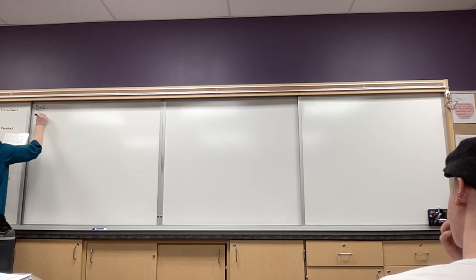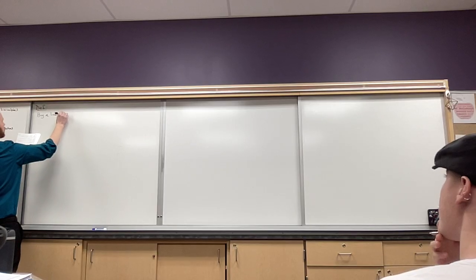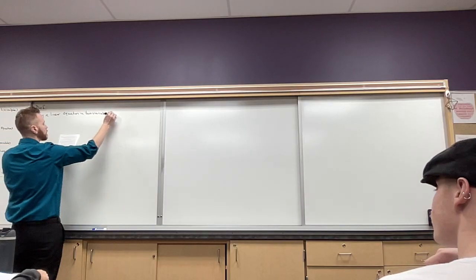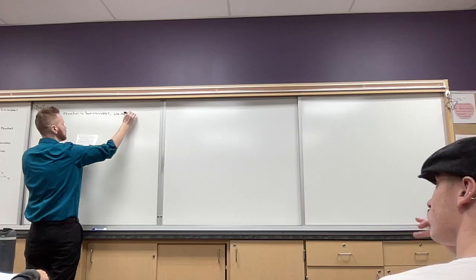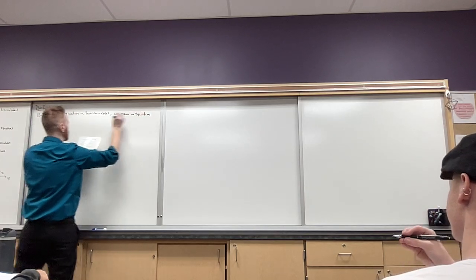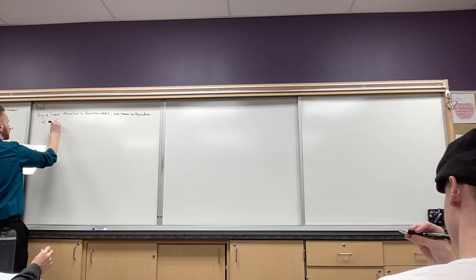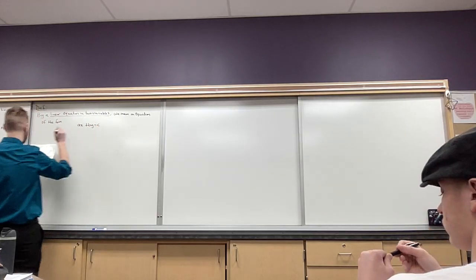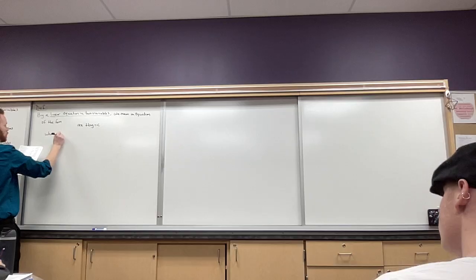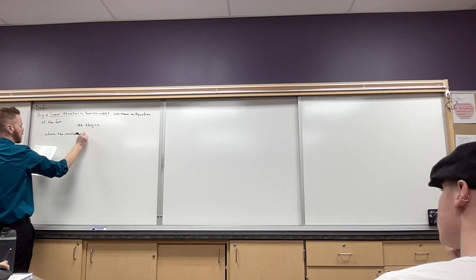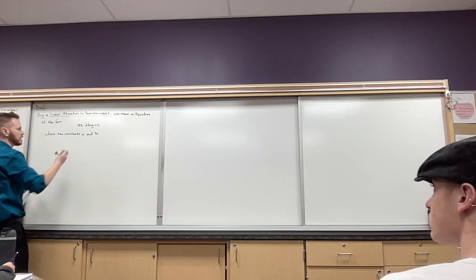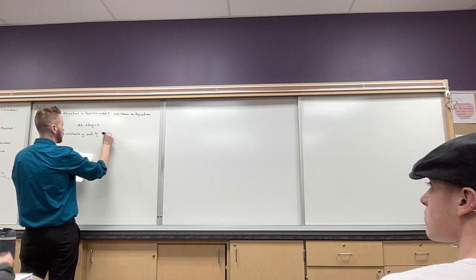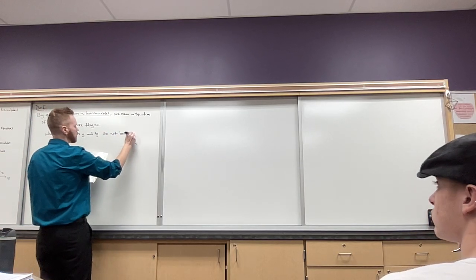All right, some definitions. By a linear equation in two variables, we mean an equation of the form ax plus by equals c, where the constants a and b are not both zero.